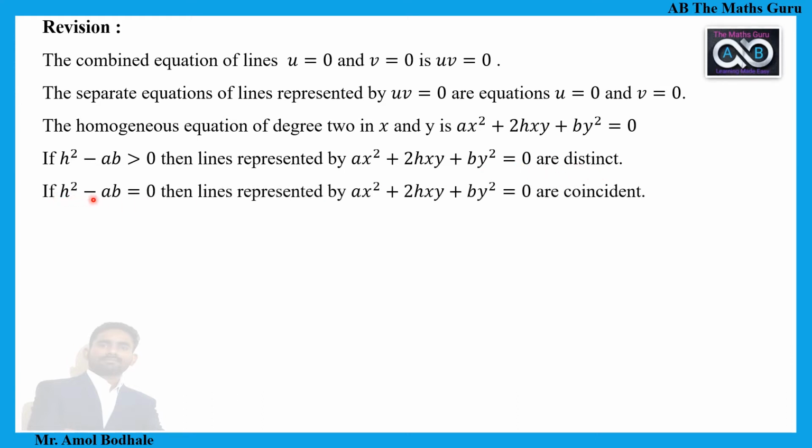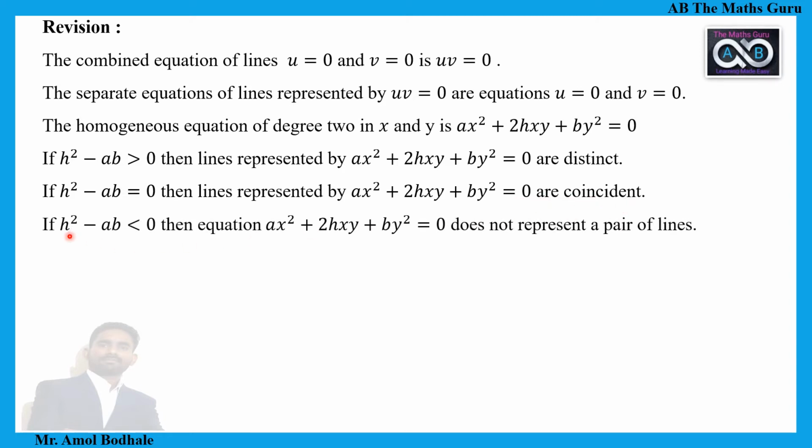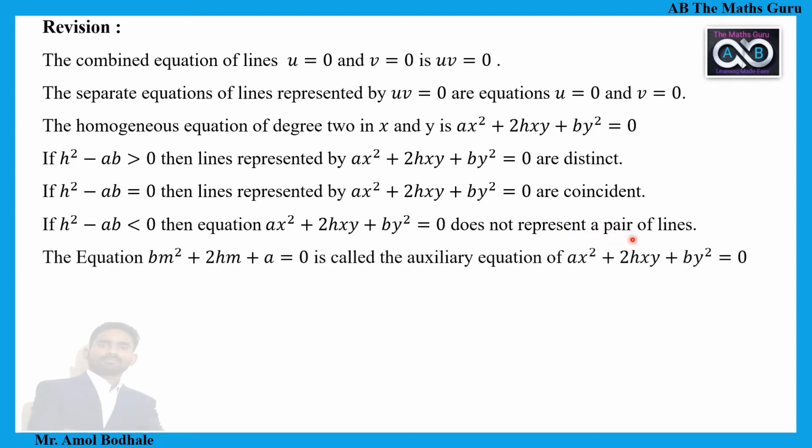If h square minus ab equal to 0, then the lines are coincident. And if h square minus ab is strictly less than 0, then the equation does not represent a pair of lines.